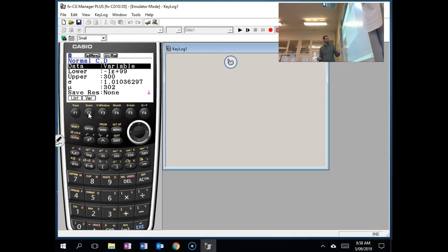So in NCD, we're going greater than 10, so our lower value is going to be 10, our upper value is going to be the highest thing the calculator can handle, which is 1e to the 99. Sigma is 0.302, and our mean is 10.85.